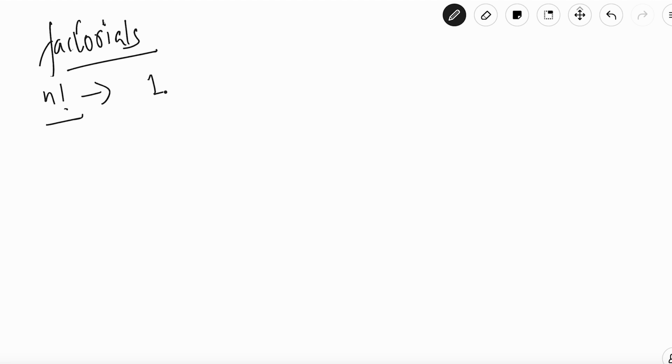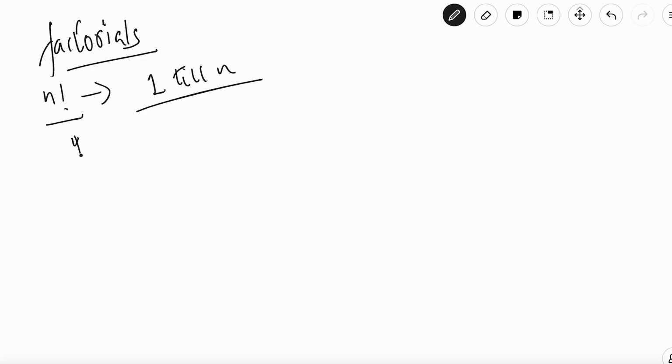For example, say I write n factorial. So what exactly does n factorial mean? N factorial is basically a continuous product of all natural numbers starting from 1 till n.